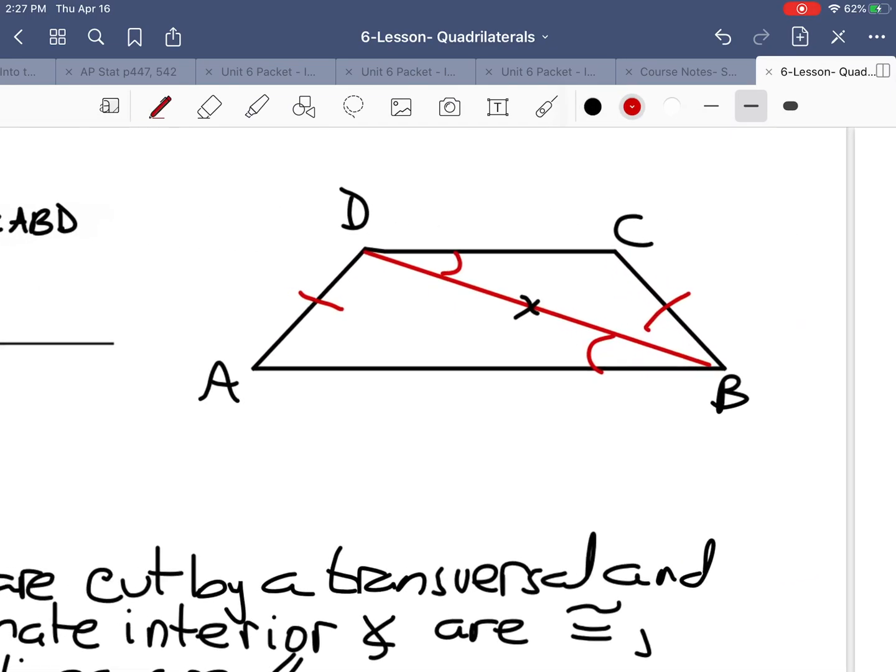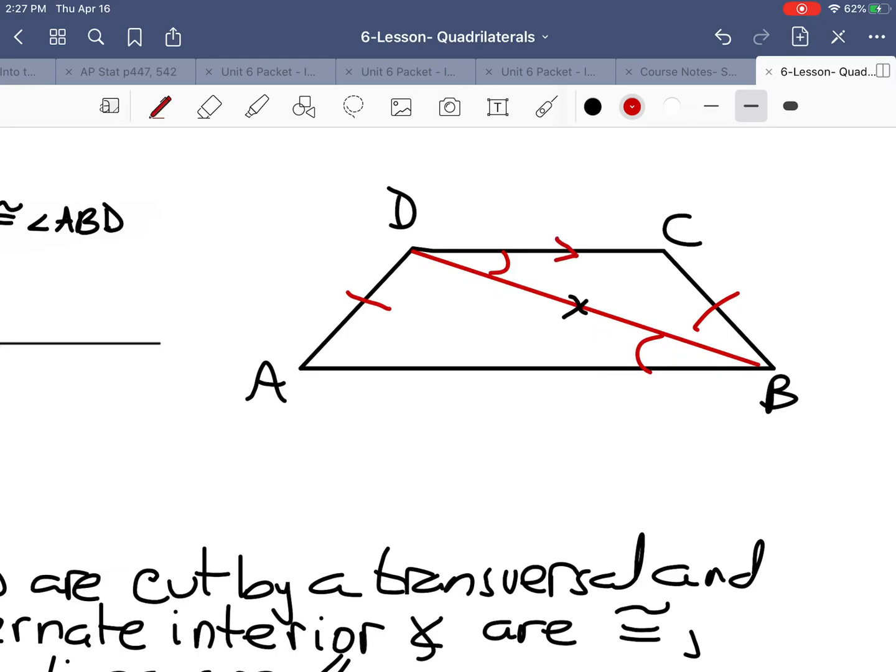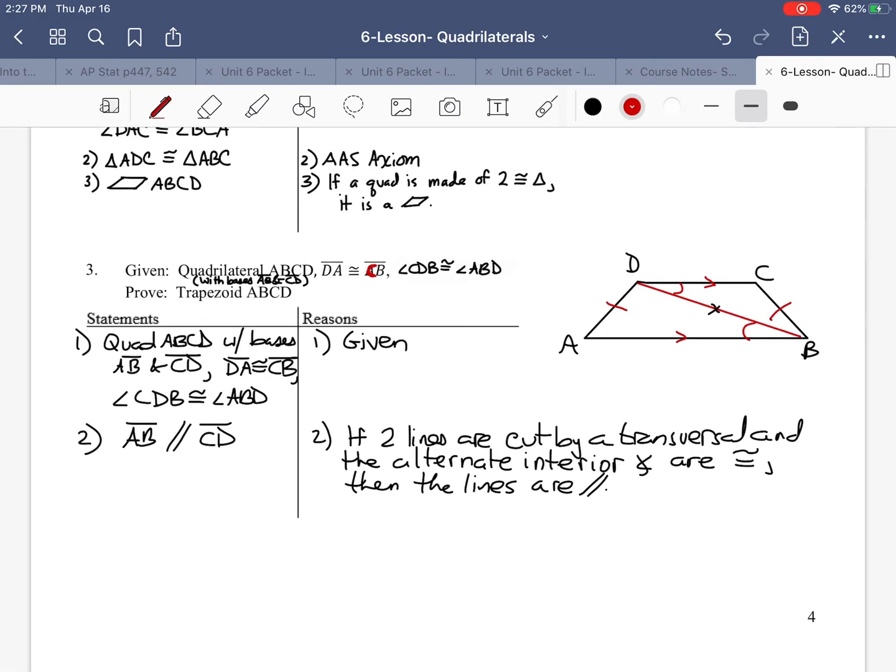All right, so I'm going to mark it up, and this is how I mark up, and most people too, mark up parallel on a figure. So we're there. This was a two-stepper. I never count the given.